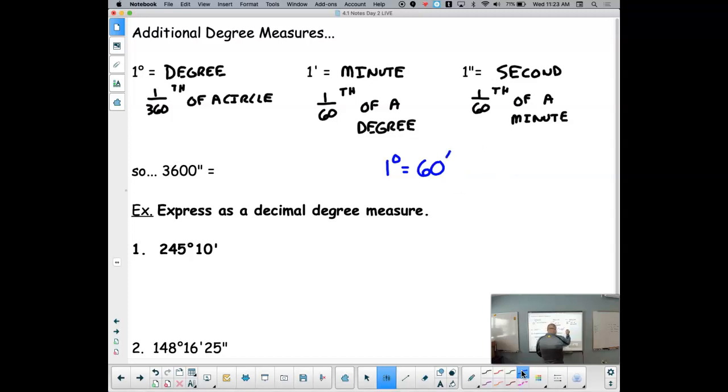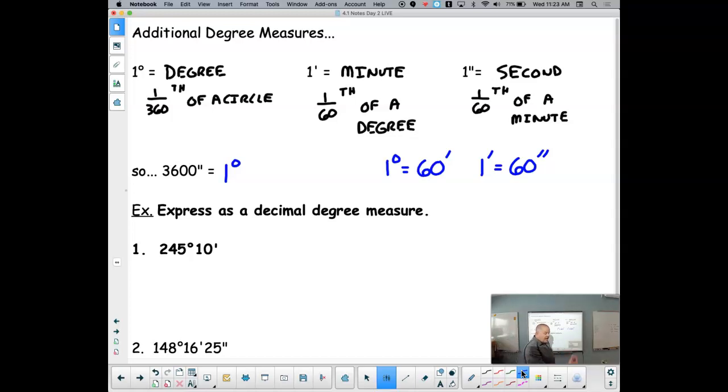Equals 60 minutes. 1 minute equals 60 seconds. So 1 degree is also equal to 3,600 seconds.